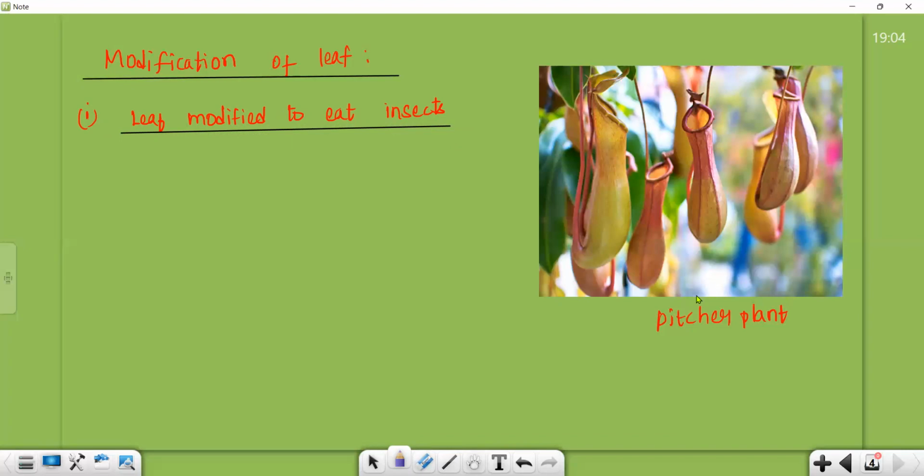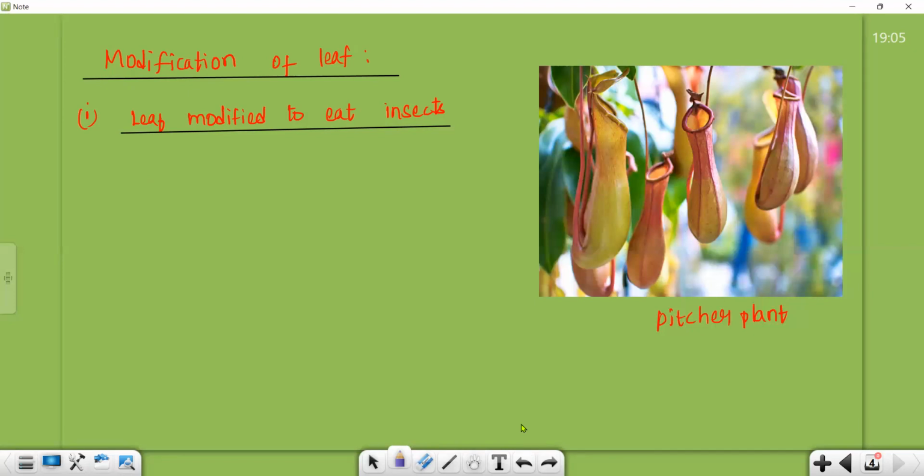So from the insect, it acquires nitrogen. Okay. So only for the case of nitrogen. Ma'am, it can't absorb nitrogen from the air, ma'am. Yeah, not even from the soil. So it eats insects.